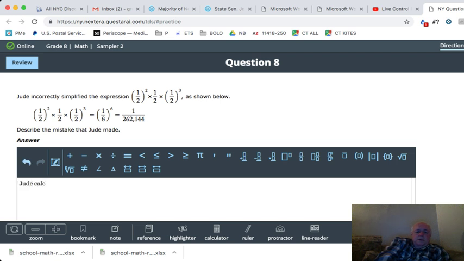Jude calculated the exponent correctly, but was supposed to leave 1/2 as is. In other words, it's the whole thing.